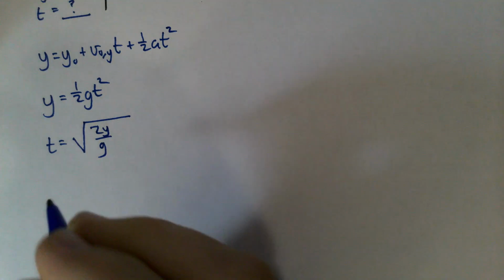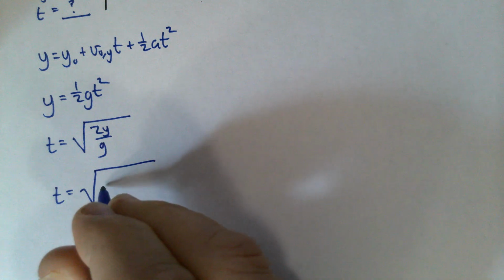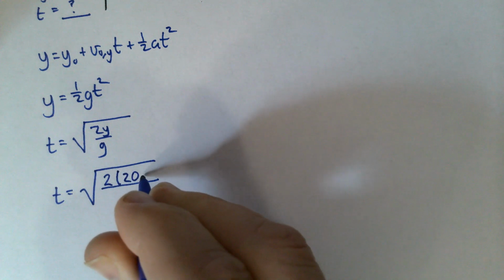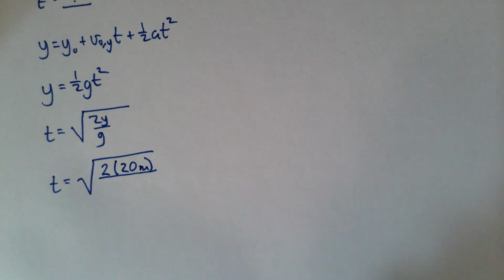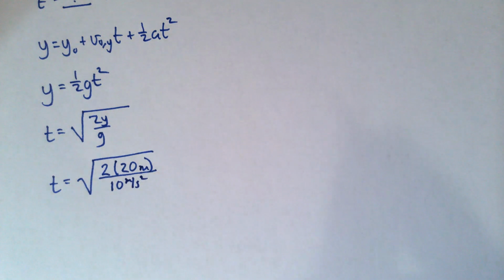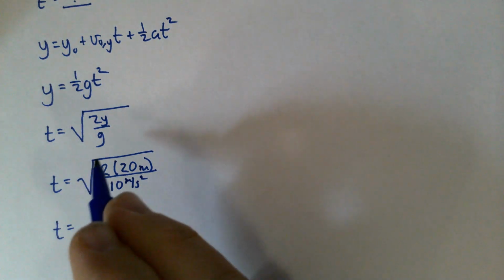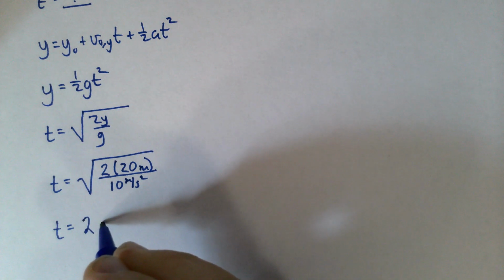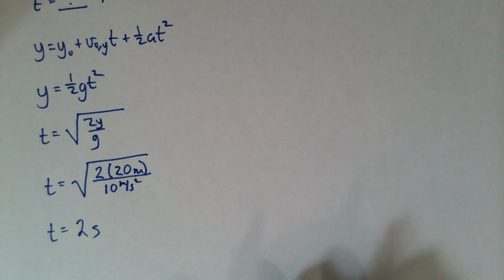So t equals square root of 2 times 20 meters, that's how far my motorcycle has to fall, over g, and this is on Earth, so g is 10 meters per second squared. It's almost like somebody carefully thought out the numbers on this one, because that's 40 over 10, which is 4, and the square root of 4 is 2. It's going to take exactly 2 seconds to reach the center of that hoop.